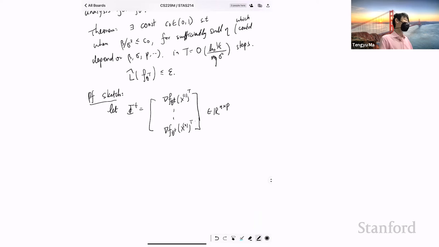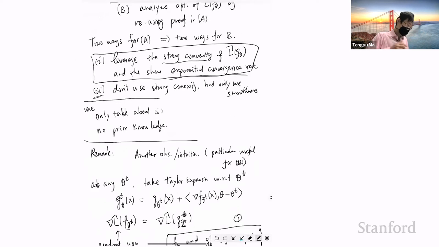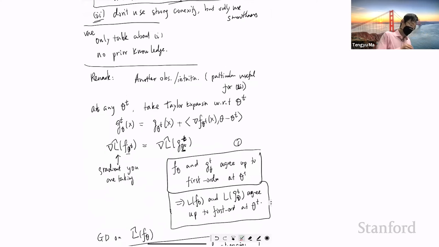I have claimed that if you Taylor expand at time t, then the gradient with respect to the approximation is the same as the gradient with respect to the original form, the neural network. This is what I wrote at the very end here. This is a remark: if you Taylor expand at time t, then the gradient with respect to the neural network is the same as the gradient with respect to the linear function. This is just because these two things agree.